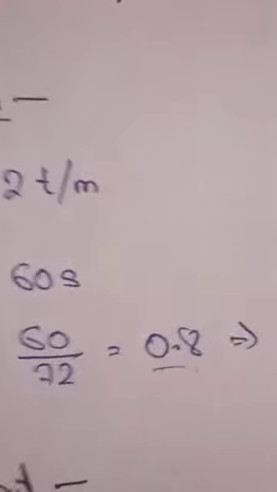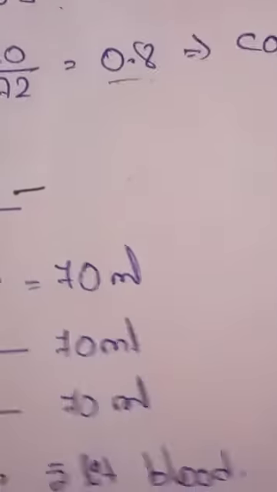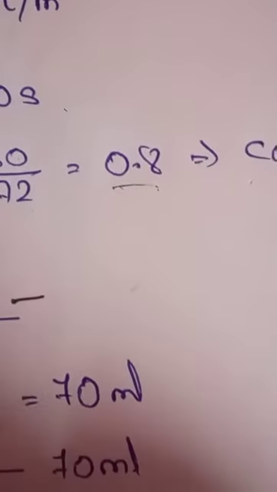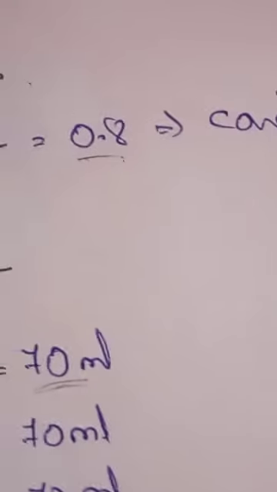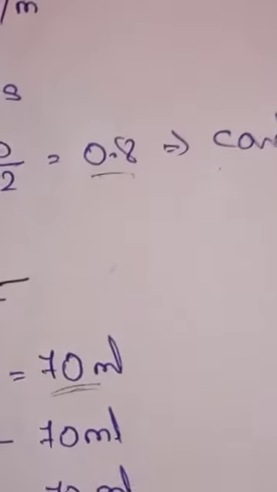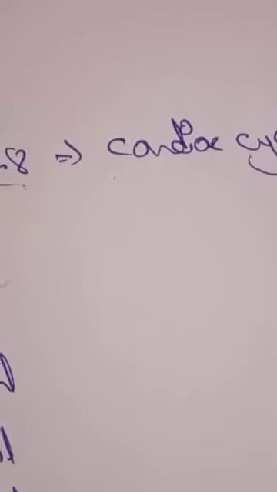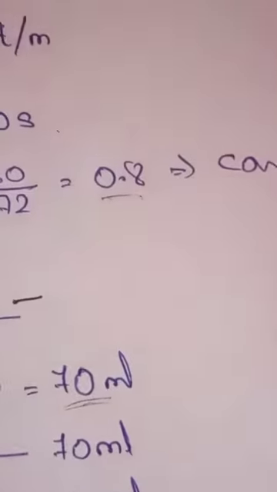For cardiac output, the stroke volume is 70 ml of blood pumped per beat. With the heart beating 72 times per minute, about 5 liters of blood is pumped all over the body.